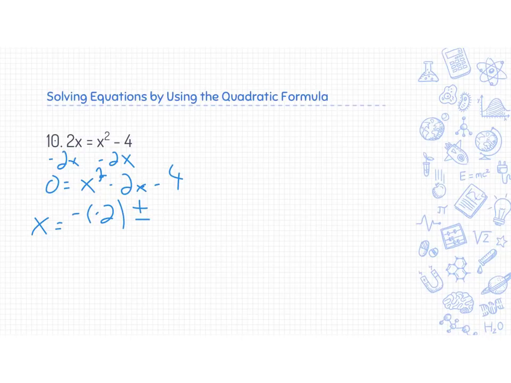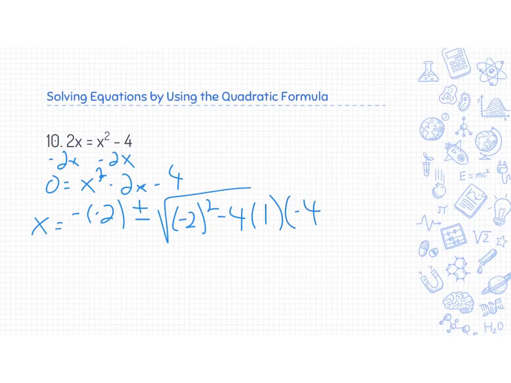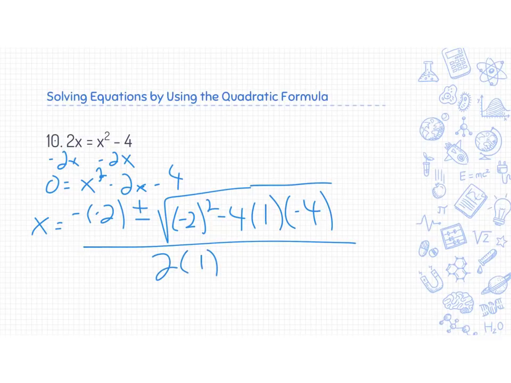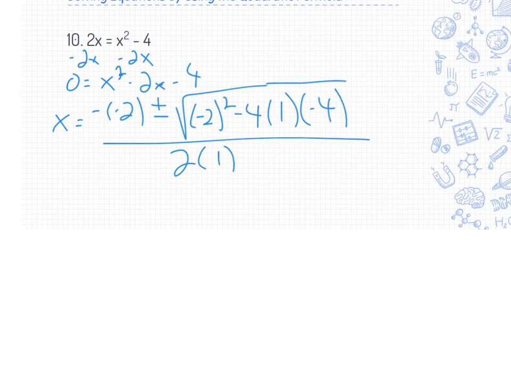Then we get plus or minus the square root of b squared, which is negative 2 squared, minus 4a, which is 1, times c, which is a negative 4, and then that is all over 2a, which is 1.